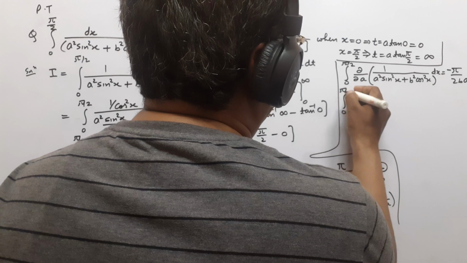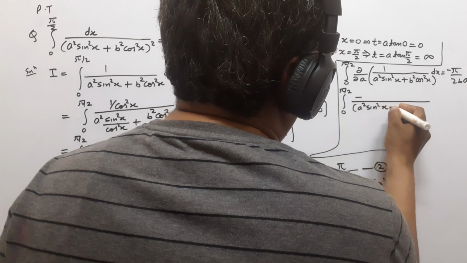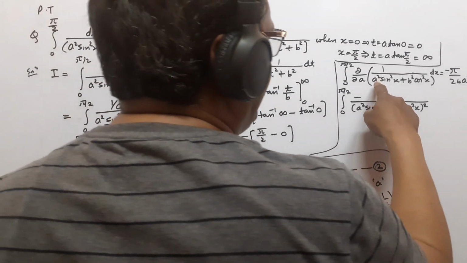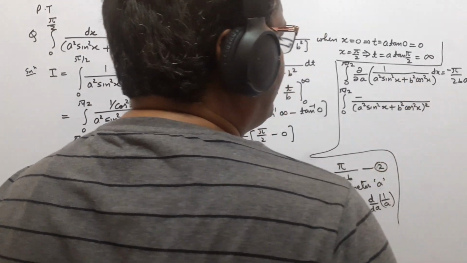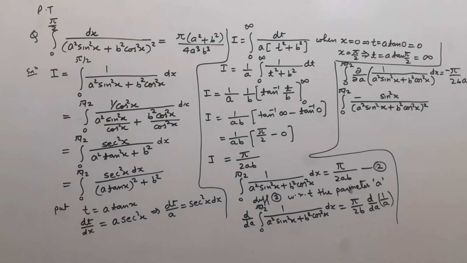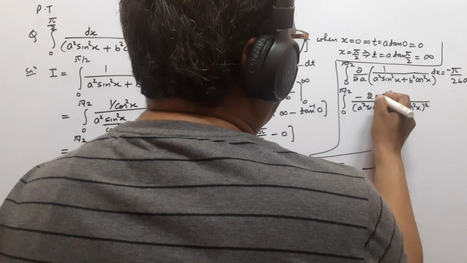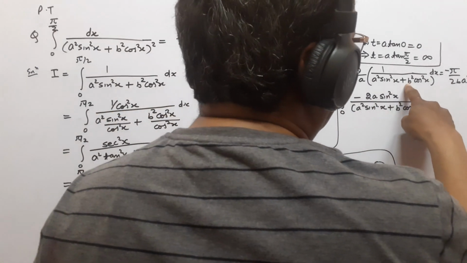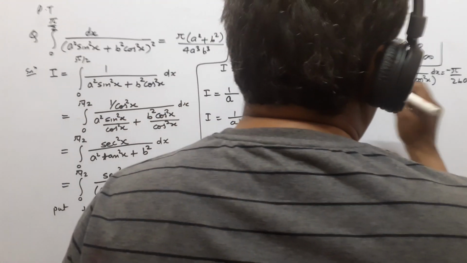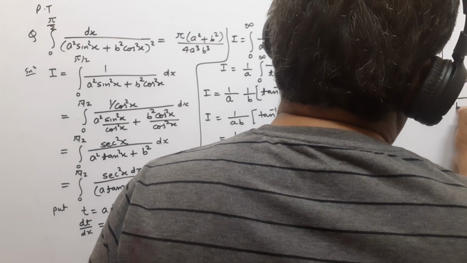So this can be written as minus 1 upon a square sin square x plus b square cos square x whole square. And when we differentiate a square sin square x plus b square cos square x, sin square x is constant here because we differentiate partially with respect to a, and the differentiation of a square with respect to a is 2a, and the differentiation of b square cos square x is 0 because we differentiate partially here with respect to a. And on the right hand side this is minus pi upon 2a square b.